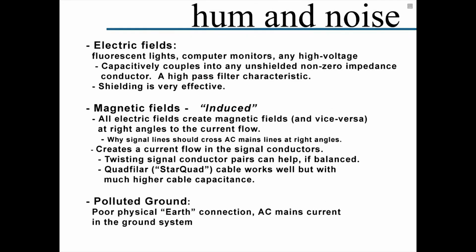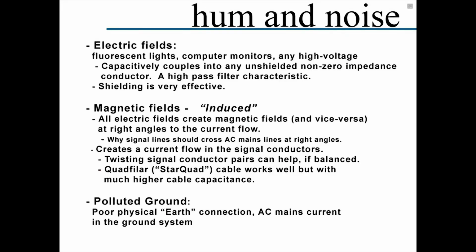Hum and noise are caused mainly by three sources. Number 1, electric fields, such as fluorescent lights, CRT computer monitors, or any high-voltage source are examples. Shielding is very effective in reducing or eliminating the problems. Number 2, magnetic fields.